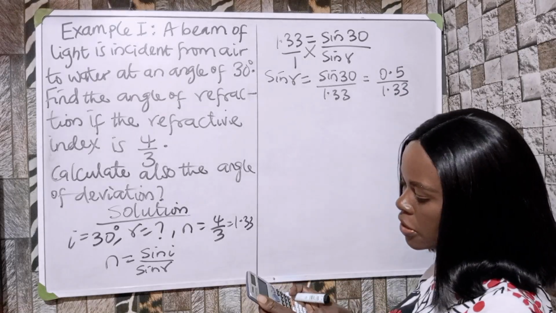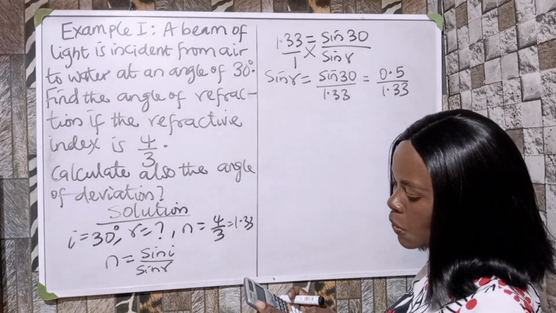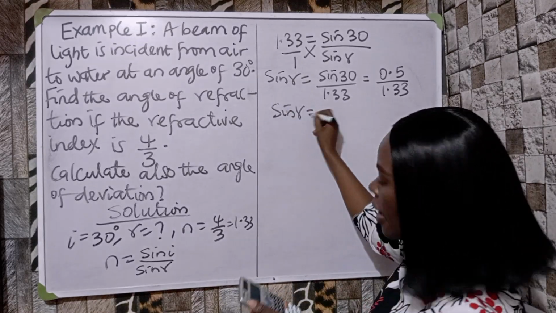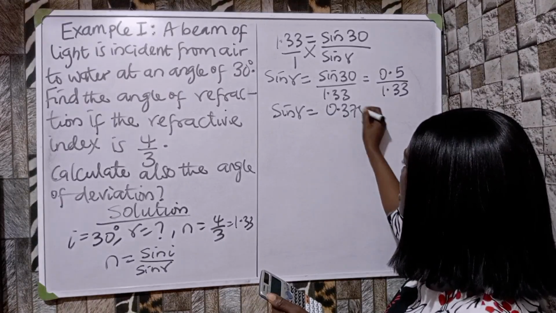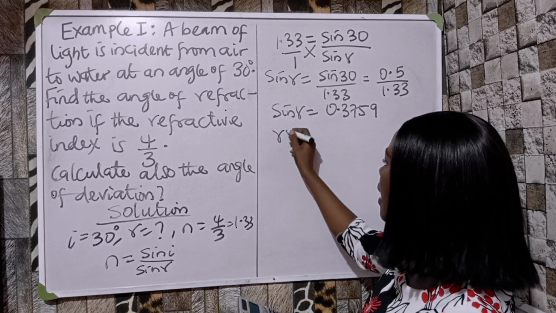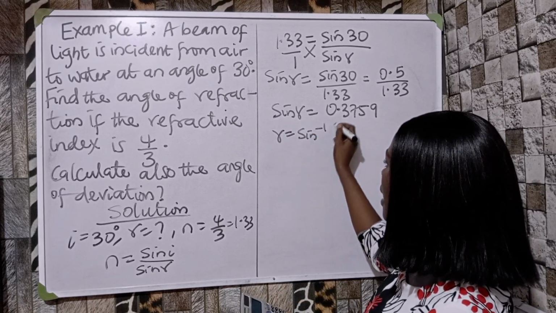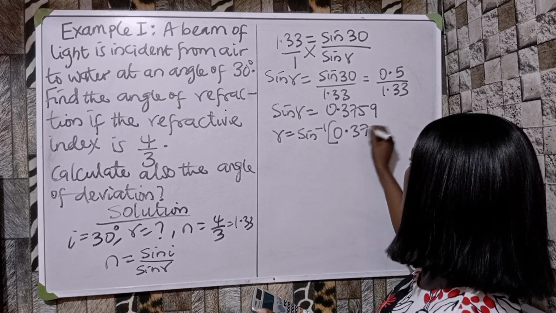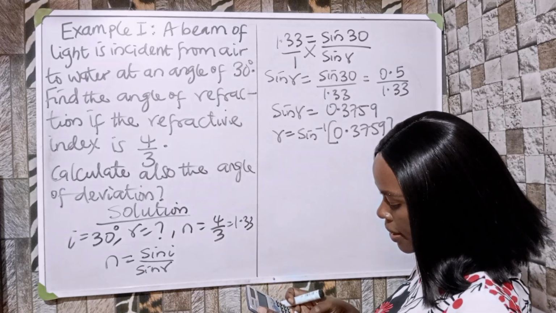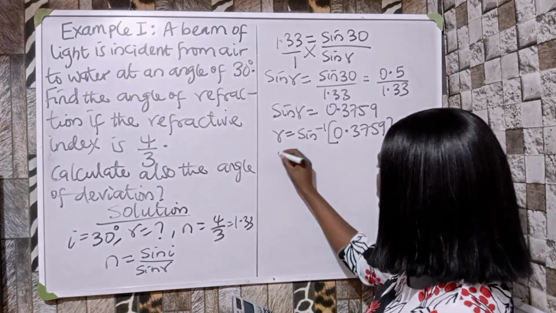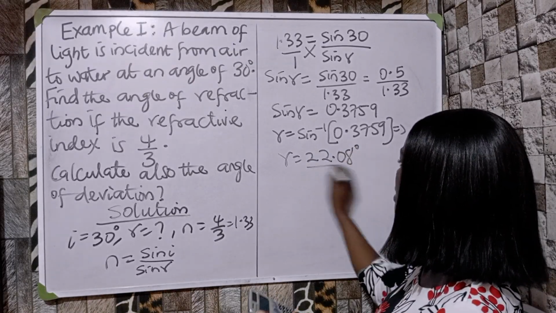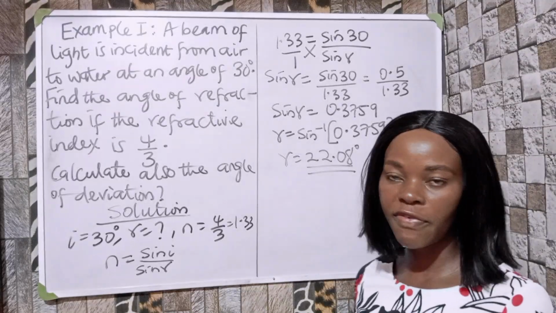I will say 0.5 over 1.33. So let me divide. 0.5 divided by 1.33. What do I have? Sine R is equal to 0.3759. Okay, since I am looking for my R, I will say R is equal to sine inverse of 0.3759. Shift sine, answer. I am going to have R to be 22.08 degrees. That is my angle of refraction.